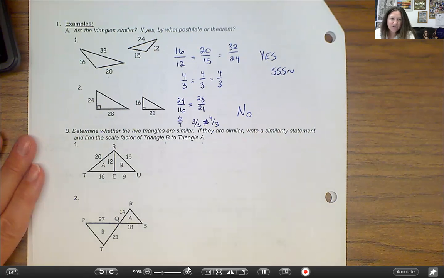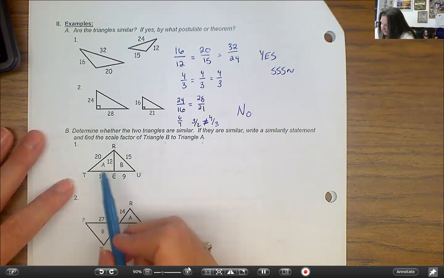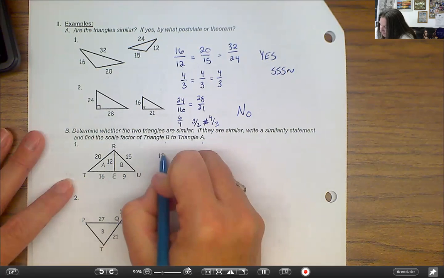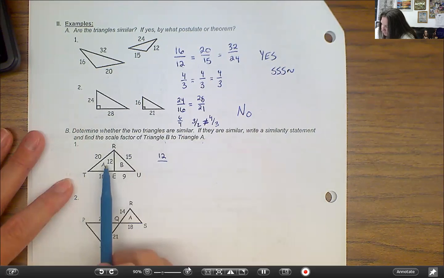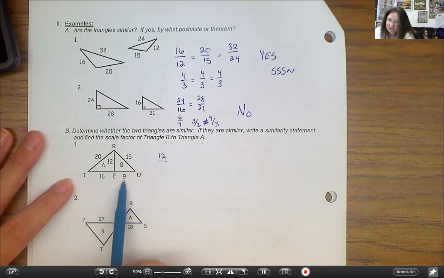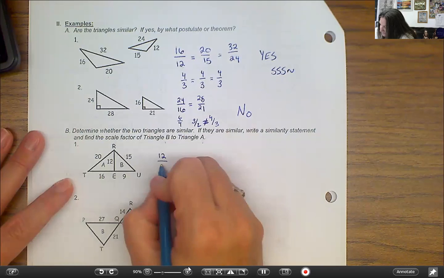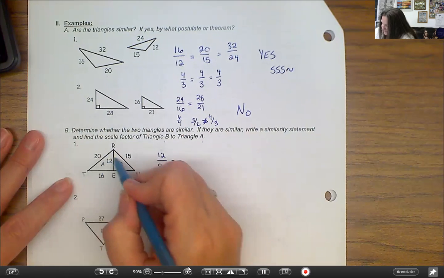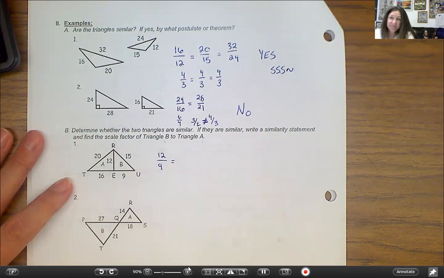Now be careful when you're writing these scale factors. The smallest side on triangle A is 12. That would correspond to the smallest side on triangle B, which is 9. So I'm going to write my scale factor that way, 12 to 9. You'll see this is a rotation, so be careful when you're looking for your corresponding parts.